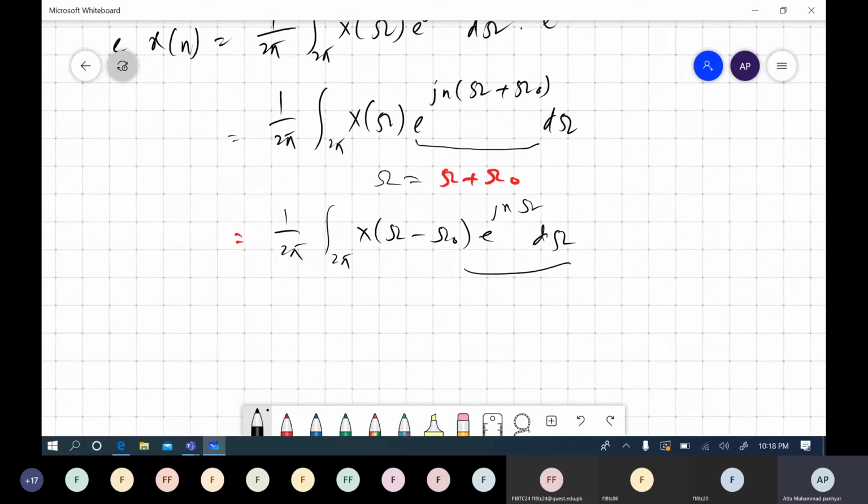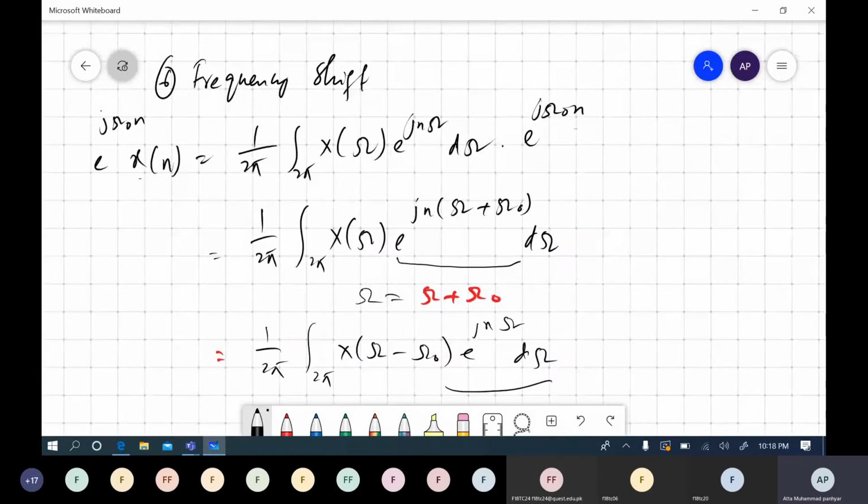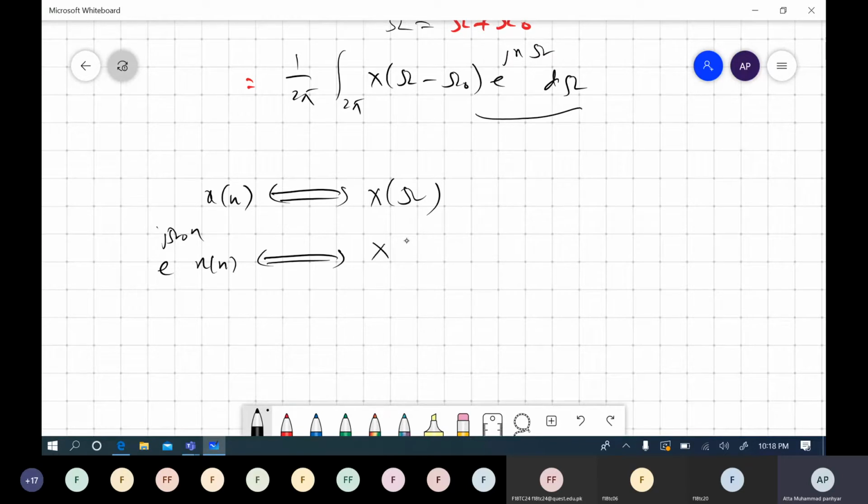Then we can see that when we had only x of n, the frequency spectrum was x of omega, right? If we had a signal x of n, its frequency spectrum was x of omega. When we multiply by any frequency component in the time domain, that produces a shift in the frequency domain, right?